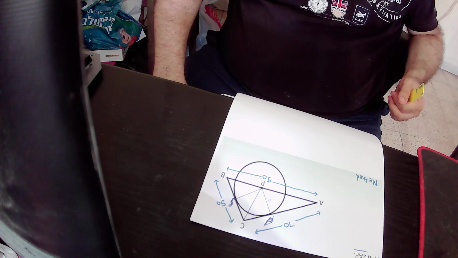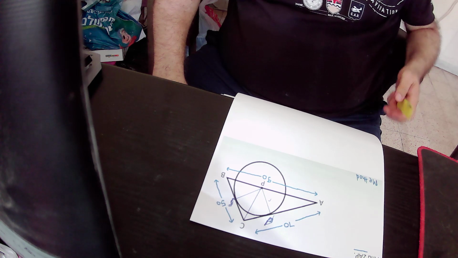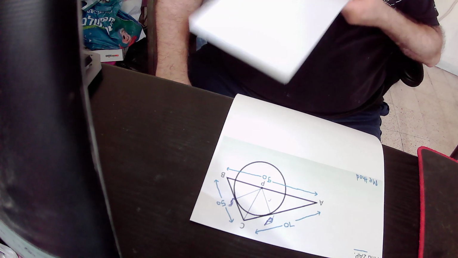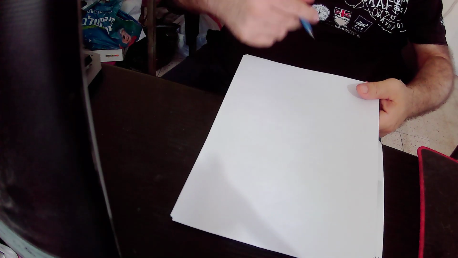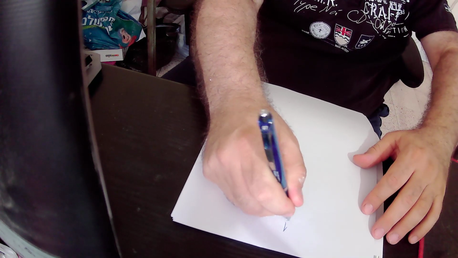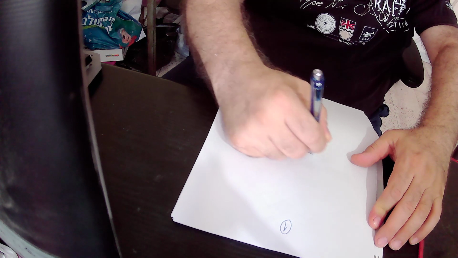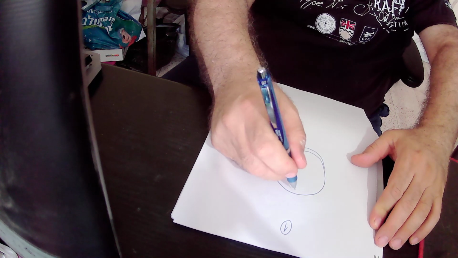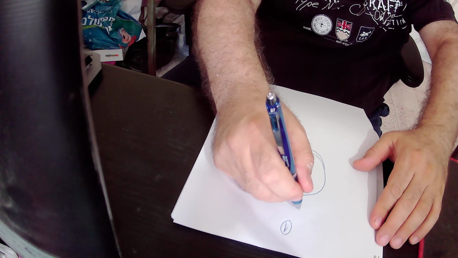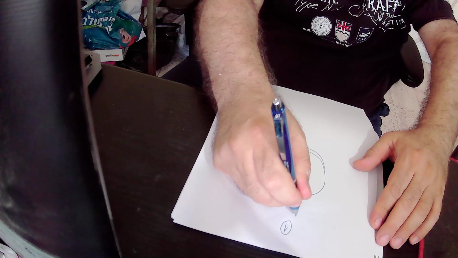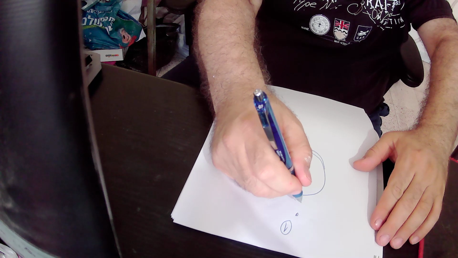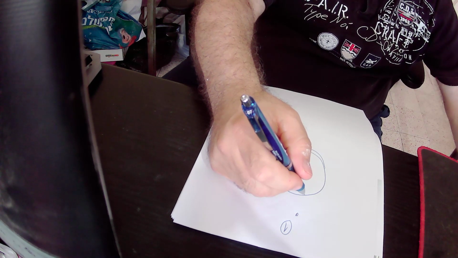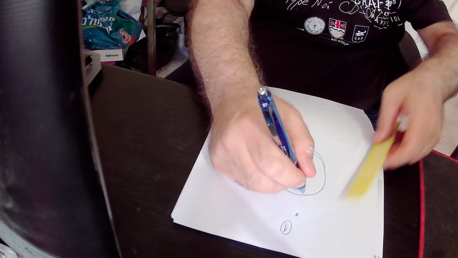Now, we have a rule that if we have a circle and from an external point of the circle we make two tangents to the circle.